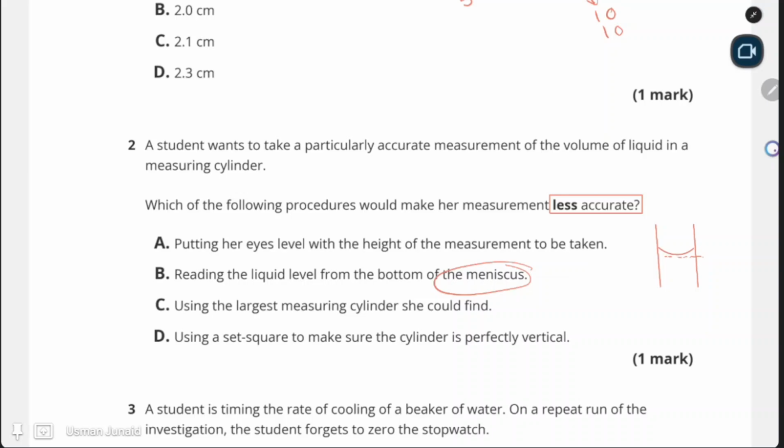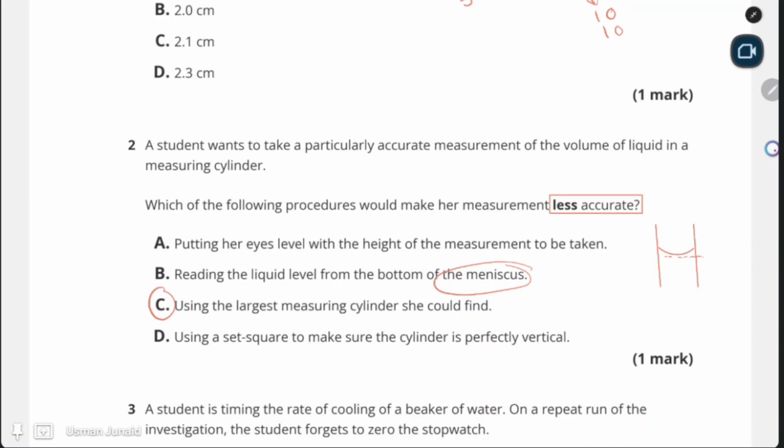Could you explain how C is wrong? Yeah, C, using the largest measuring cylinder. When you have a large measuring cylinder and you're using a small volume, it is more difficult to measure a smaller volume using a larger cylinder.